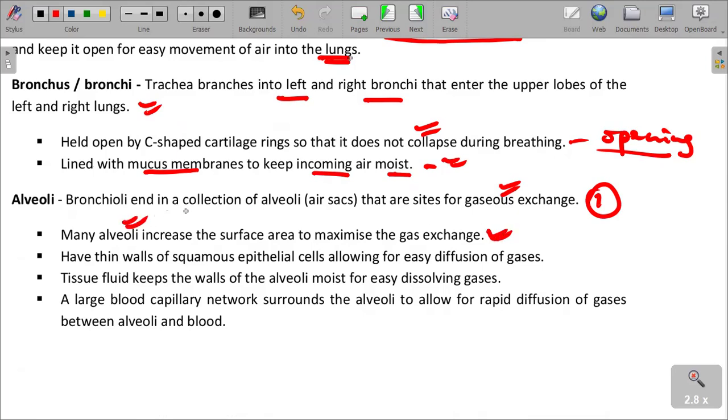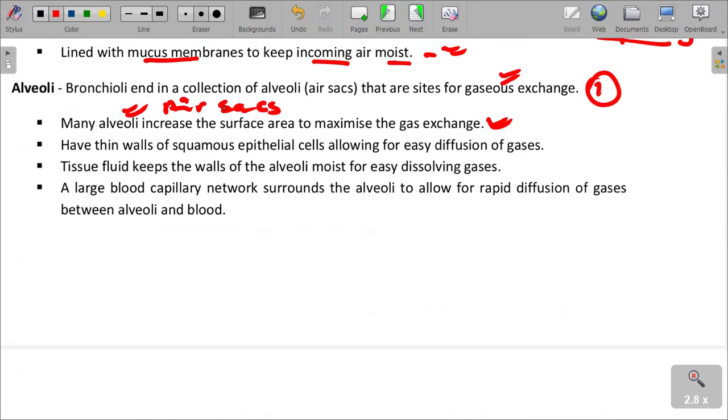Many air sacs found in the lungs increase or maximize the surface area for gaseous exchange. And then you have thin walls of squamous epithelium cells allowing for easy diffusion of gas.